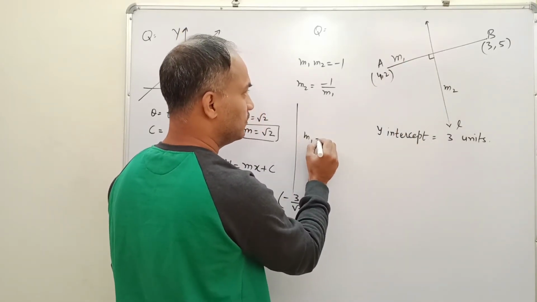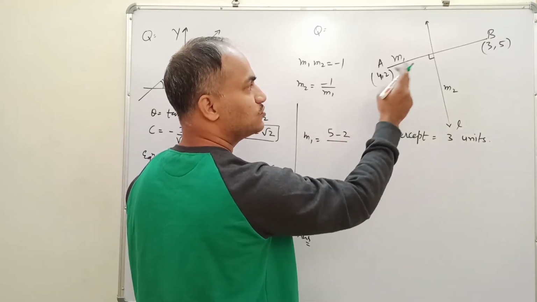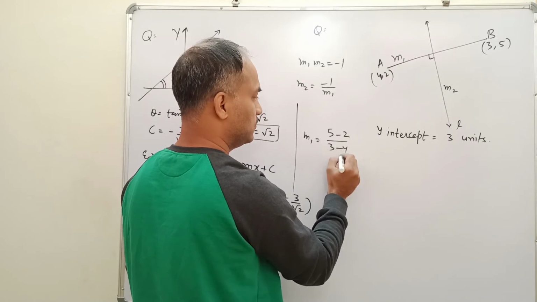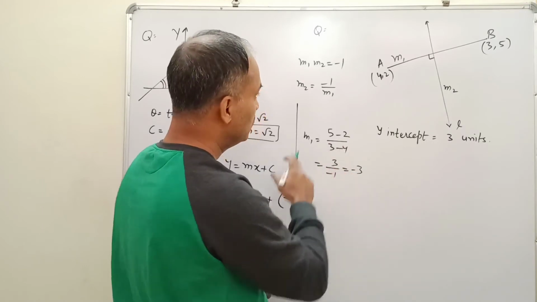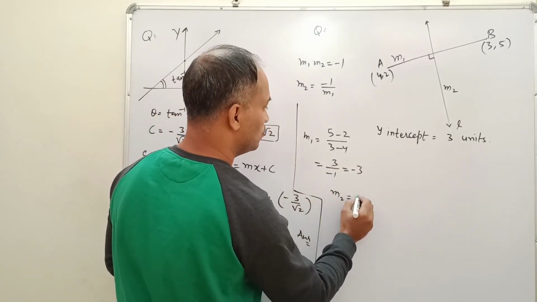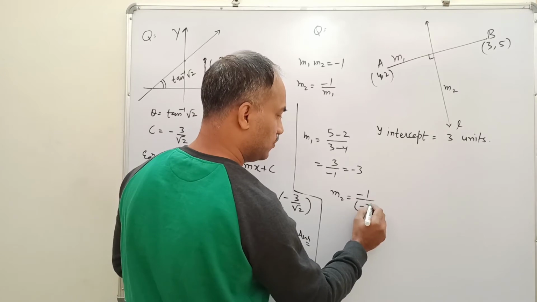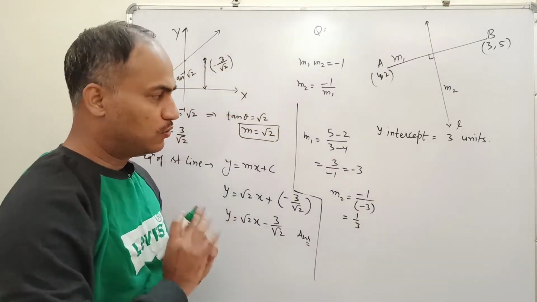So what is m1? It is (y2 minus y1) over (x2 minus x1), which is 3 upon minus 1, so minus 3. So m2 is equal to minus 1 upon this value, that is 1 upon 3. So we have m2 now.